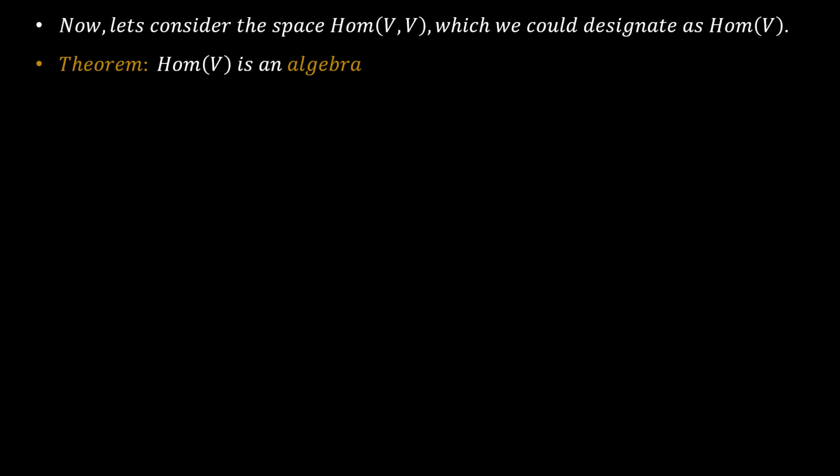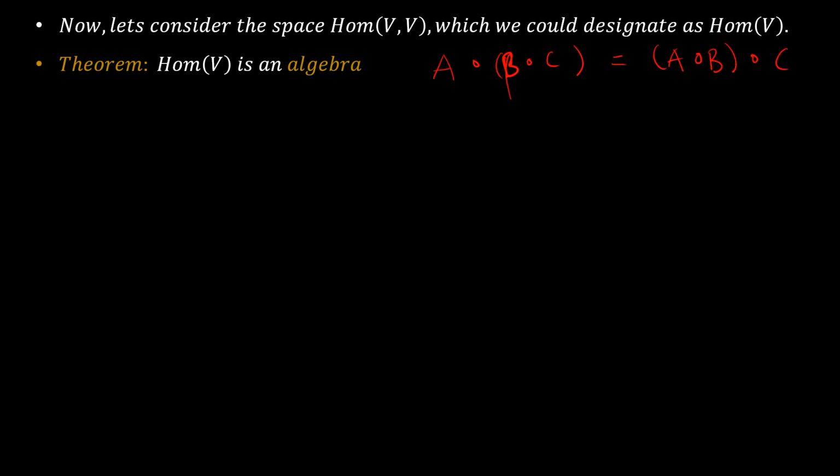And what is an algebra? An algebra is this: if you have A composed with B in brackets and C, that's the same as A in brackets with B composed with C, the associative property as regards multiplication, right?